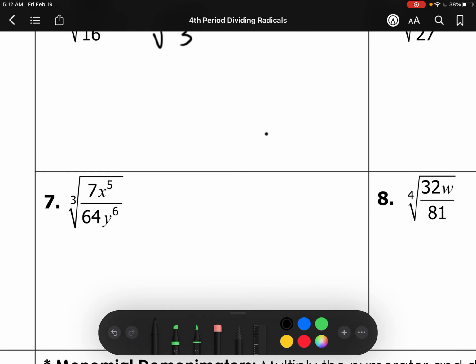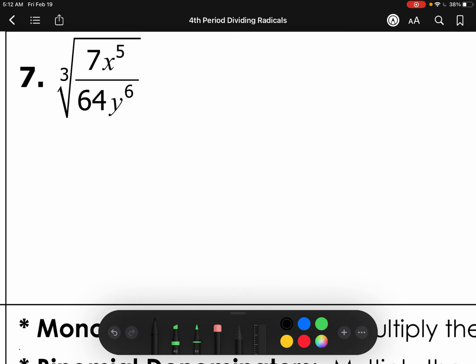All right. Hope that one made sense as well. Now for number 7, we're going to be doing the same thing. We need to change this up into the cube root of 7x to the 5th power divided by the cube root of 64y to the 6th power.